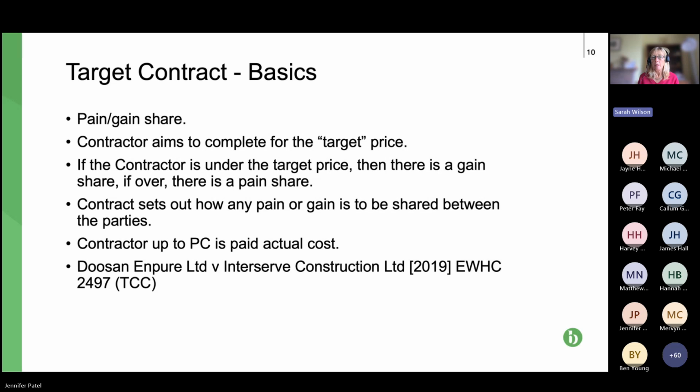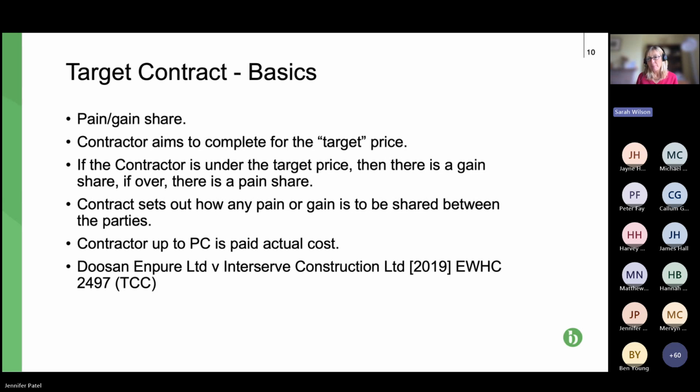So basically, the project manager makes an assessment after practical completion, calculates the pain and gain, and effectively makes an interim type payment to the contractor on that basis, and finalises it after the end of the defects period.